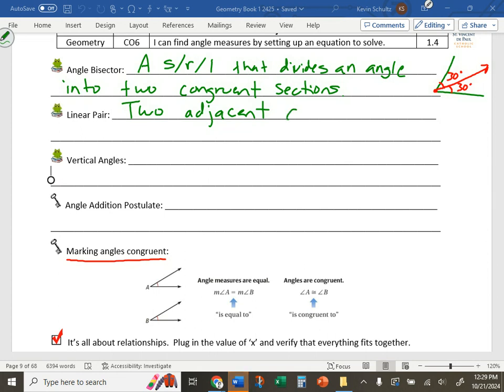Two adjacent angles that make a line. And if two angles make a line, what's the degree measure of a line? 180. It means they sum to 180 degrees.